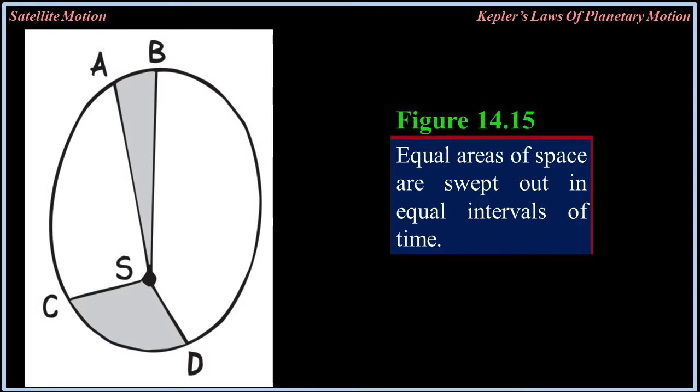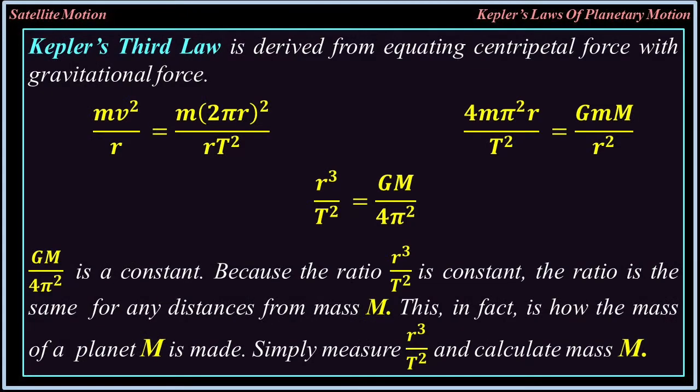Figure 14.15. Equal areas of space are swept out in equal intervals of time. Kepler's third law is derived from equating centripetal force with gravitational force. So I did that on the upper left, and then I came down and said r cubed over T squared equals GM over 4 pi squared.